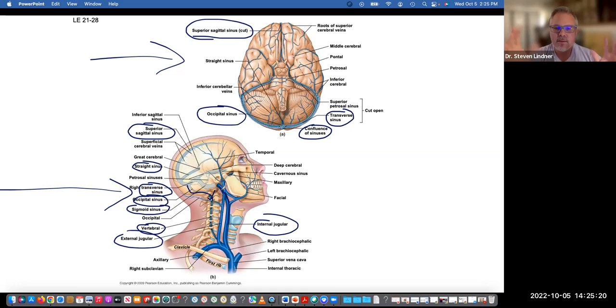But everything in the head has to find its way down into either the vertebral vein, the internal jugular vein, or the external jugular. And if we follow them, the internal jugular is going to lead right here. Here's the entrance to it, right there.